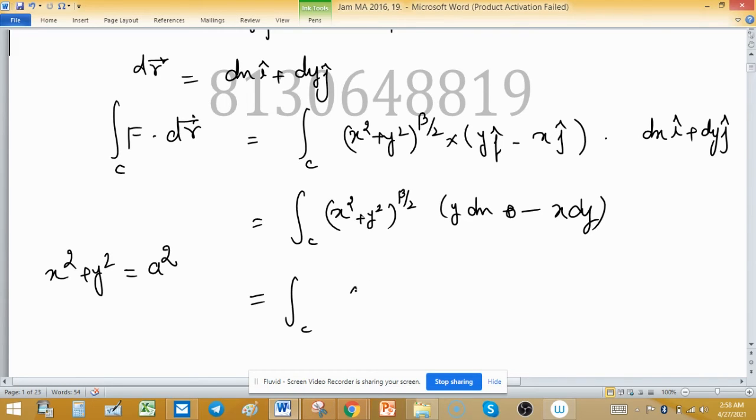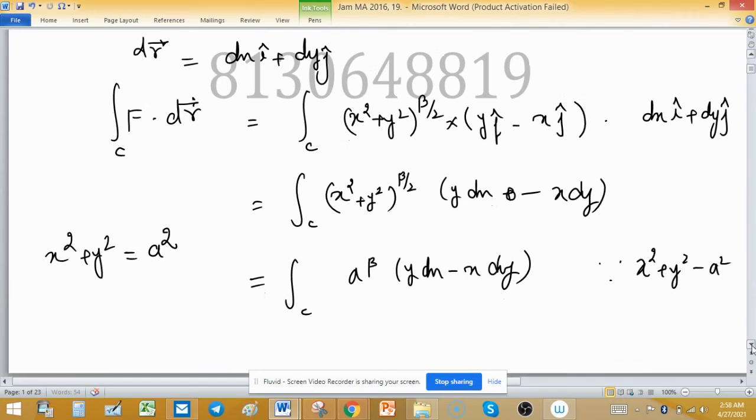It will be a raised to the power beta, y dx minus x dy, because this is the value of a square, and x square plus y square is equal to a square. We used this fact.